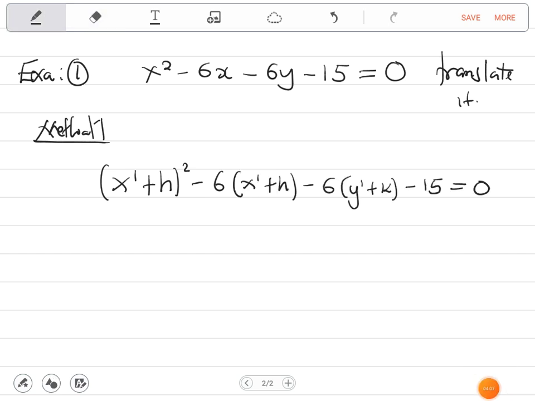Okay. So if I expand this equation, what do I get? All right, I'm going to get x prime squared. Then I'm also going to get h squared, and I'm also going to get 2 x prime h. Right, by now I think we know how to expand. Now here I'm going to get negative this, that, minus this, that.